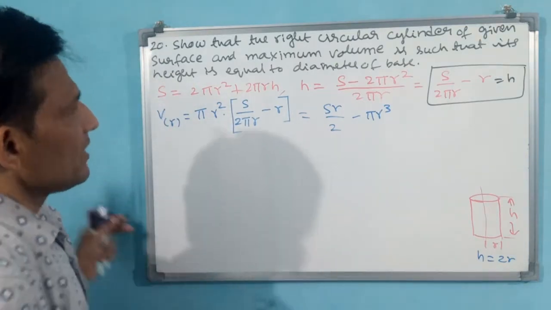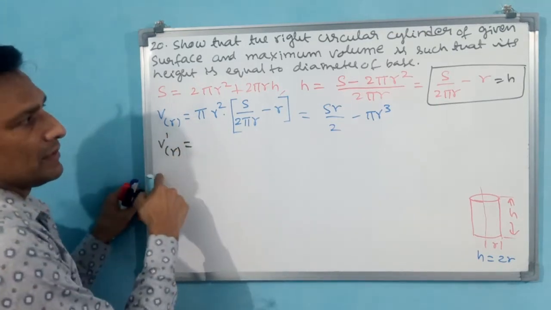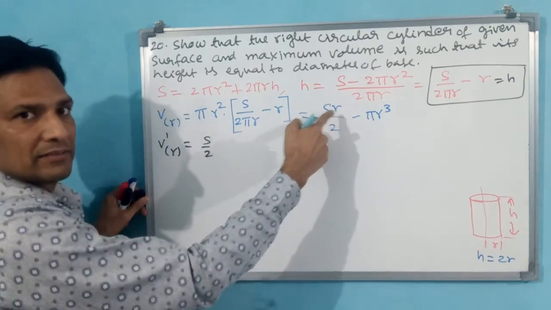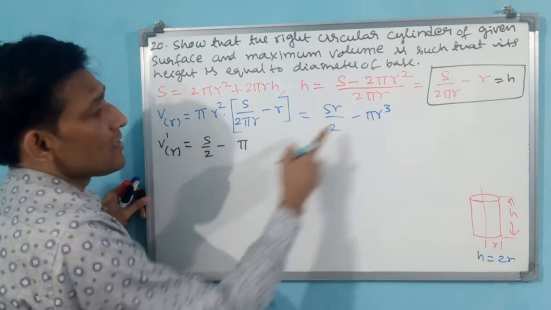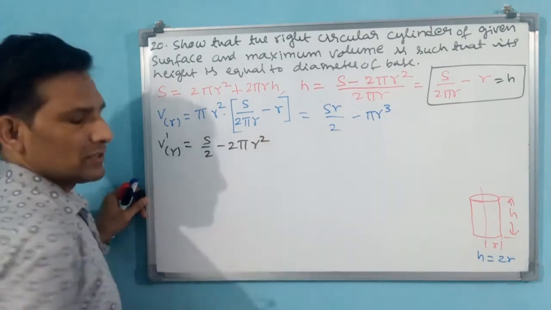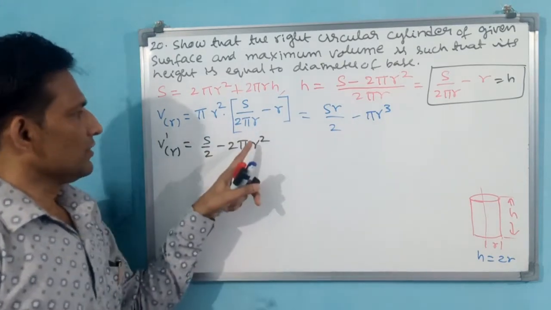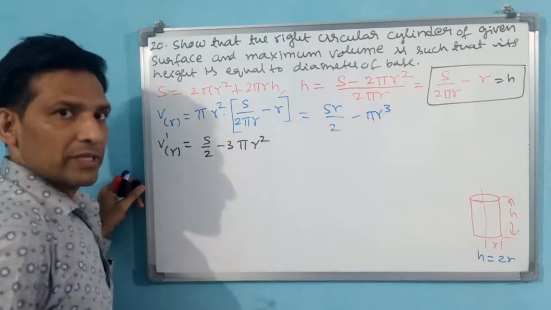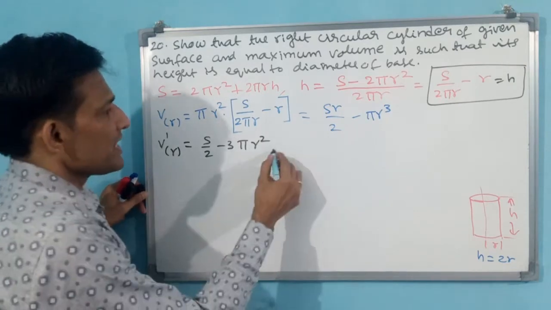Write down V dash r, the first derivative. See here, s by 2 will come, because d by dr of r. Minus pi r cube: r cube means 3r square, so 3 pi r square. This is the first derivative, but you make it equal to 0.